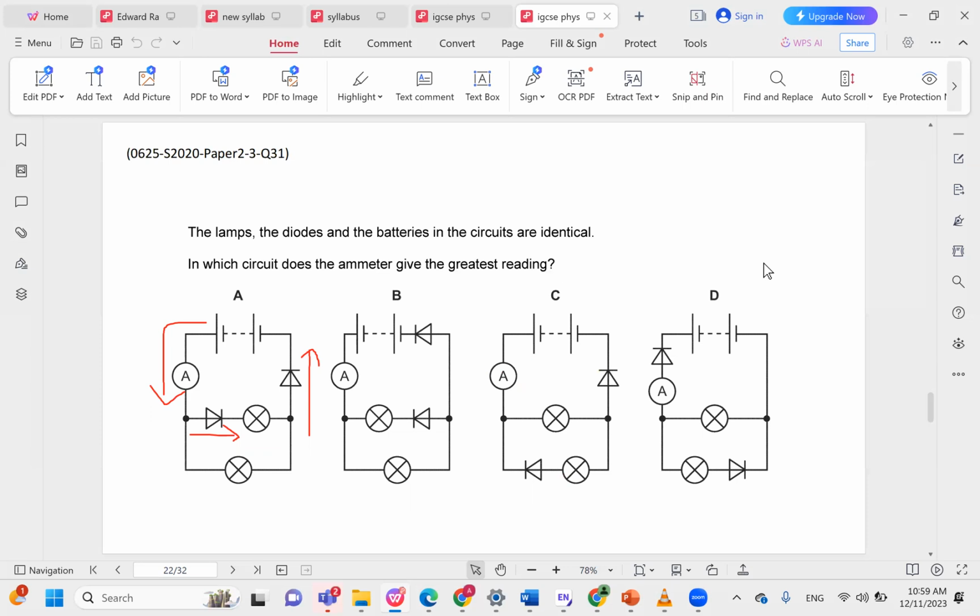Okay, what about choice B? So the current will flow here in this direction. It will not be able to flow here because the diode is blocking it. So it's as if we can cancel out this branch altogether. But if it flows in this direction, it can go back. So in this case, we have a circuit that looks like this.